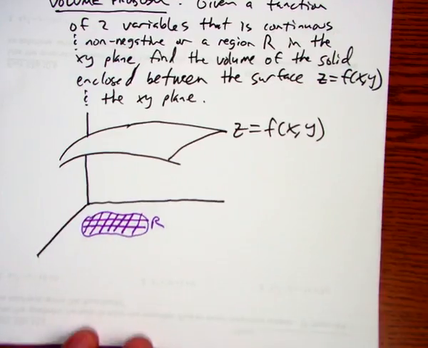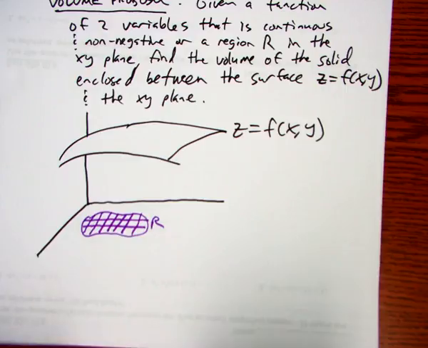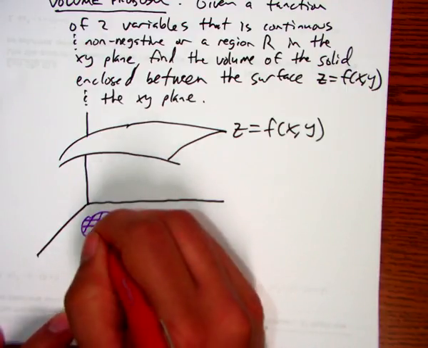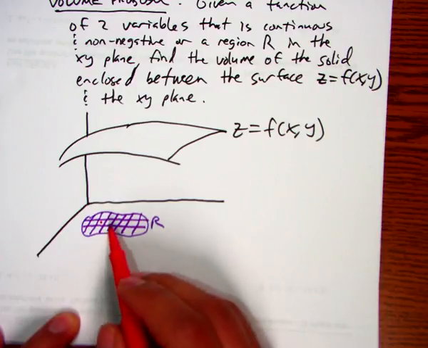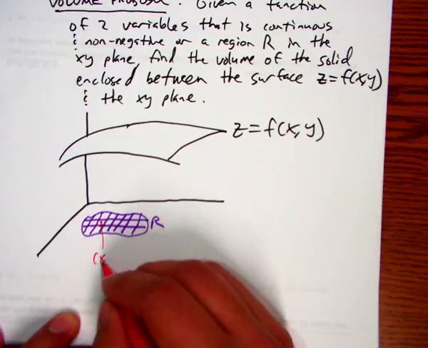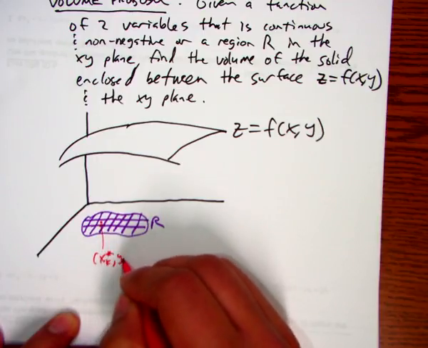And now what we'll do is take a point right in the center of one of these little rectangles. We'll call this point x sub k star, y sub k star.